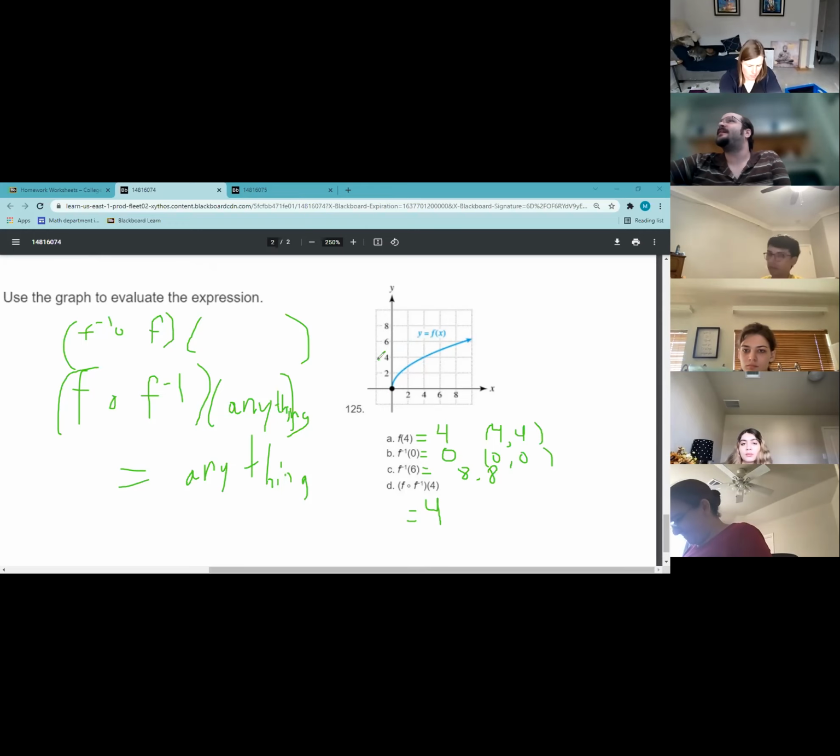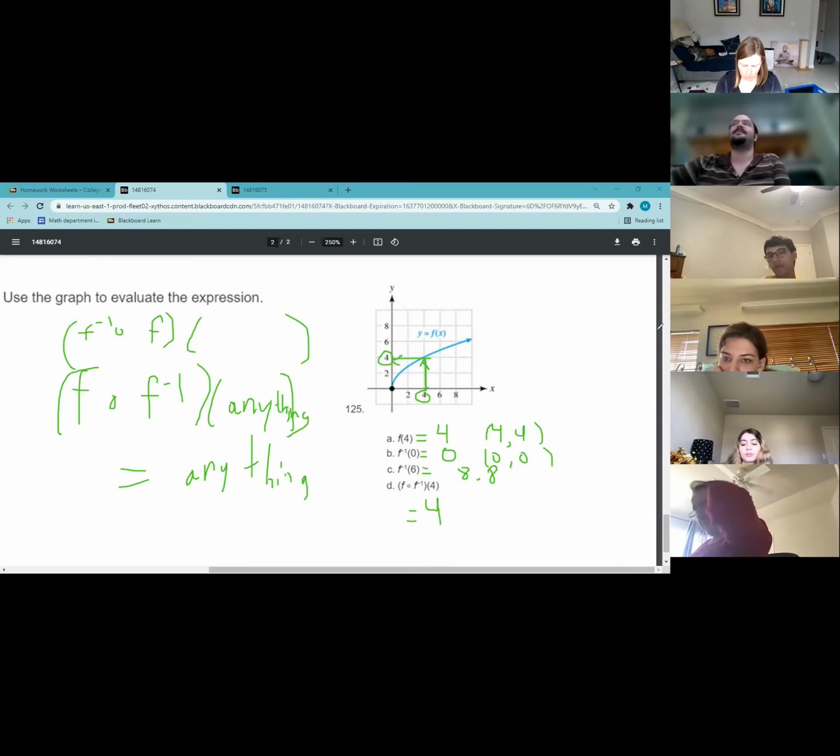If we wanted to do it with the graph, I want to do my inverse of 4. I'm looking here. It's giving me 4, and then I'm plugging this 4 in, and now I'm going back along here, right? And I'm going back to the thing I started with. So I start with the y, I go to the x, and I plug in the x, and I go back, and I get my original y I started with.